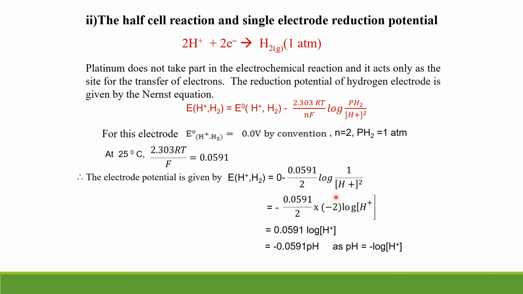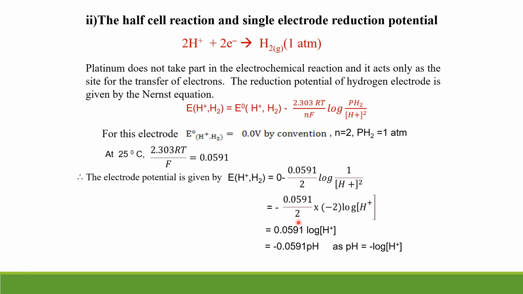Now if you solve this equation: minus 0.0591 divided by 2 multiplied by, if you take the H+ ion concentration raised to the power 2 to the numerator, it will become a minus sign. That minus sign is written in front, so minus 2 log of H+ ion concentration.